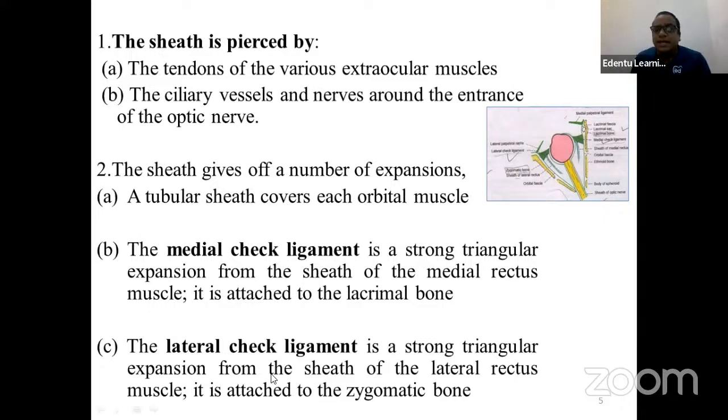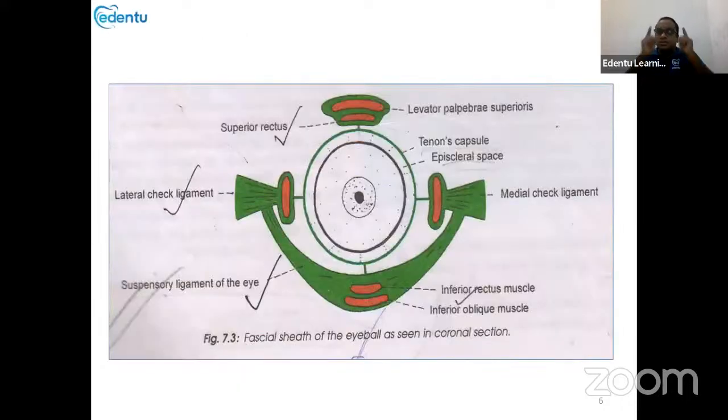Similarly, the lateral check ligament is on your lateral side and is connected to the zygomatic bone, right? Lateral rectus muscle will be on the lateral aspect, medial rectus muscle on the medial aspect. The name itself is telling, medial, lateral. So this is the diagram you should know. If you know this diagram, you are done with the suspensory ligament of Lockwood.